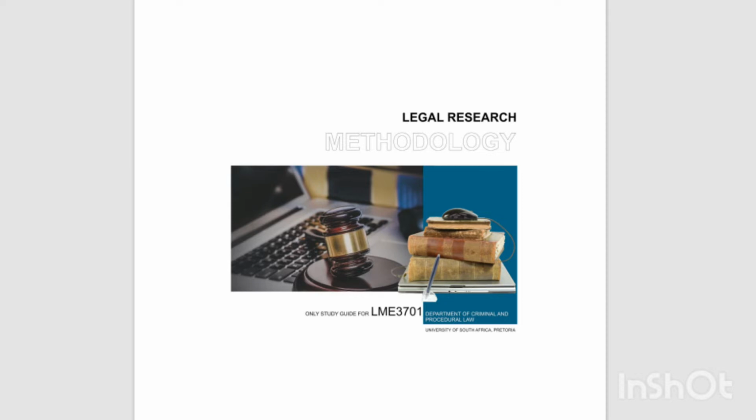Number 7, conceptualization of central research themes. Number 8, proposed chapter layout. Number 9, a projected timescale. Number 10, a description of proposed research methodology. Number 11, preparatory study and research. And number 12, the conclusion.